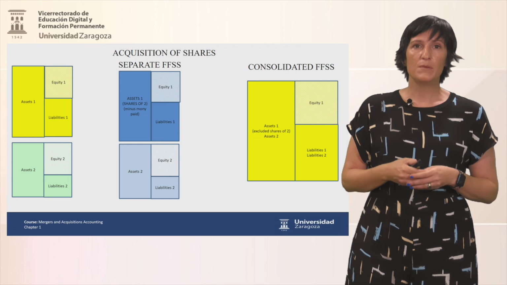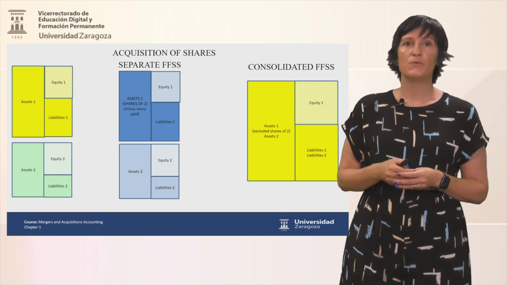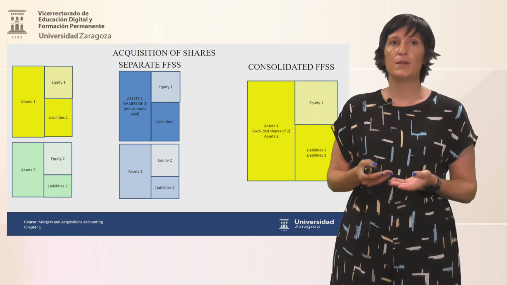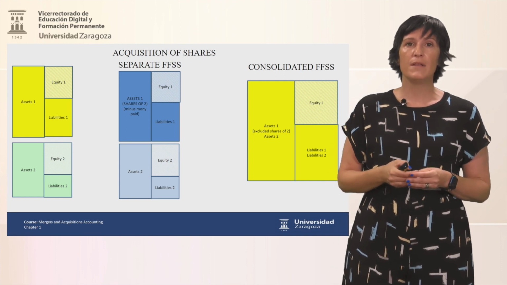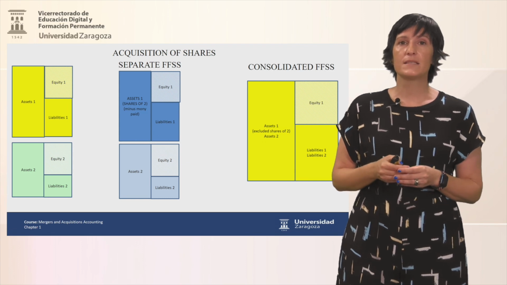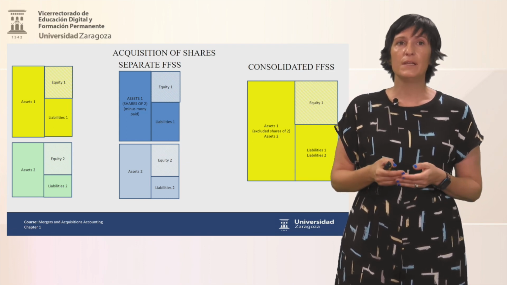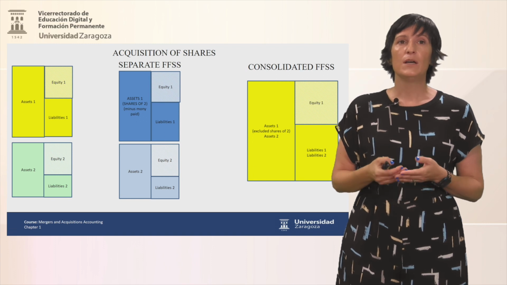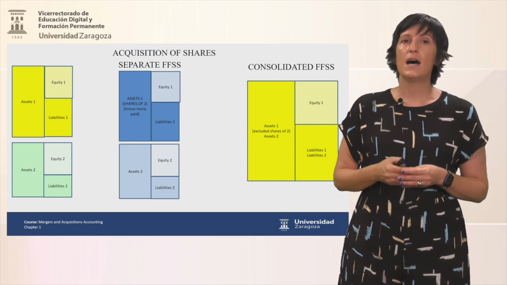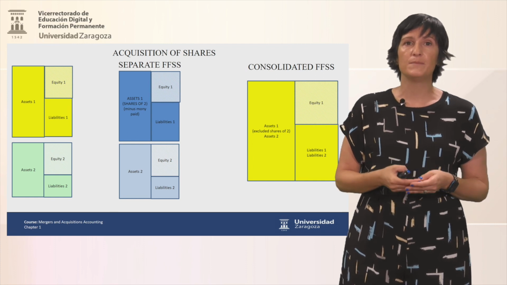The result will be the final company that we are looking at, where all the assets of company 1 and 2 are together, and all the liabilities also. But in this case, as you see, we have only the equity of company 1. Why? Because the only owners of all these businesses are the shareholders of company 1.